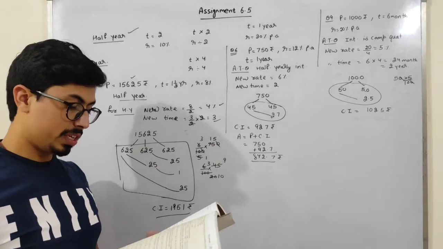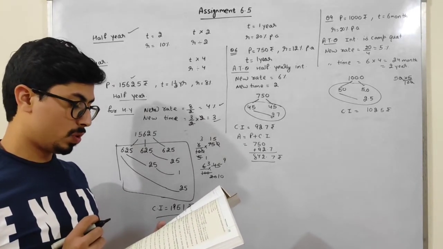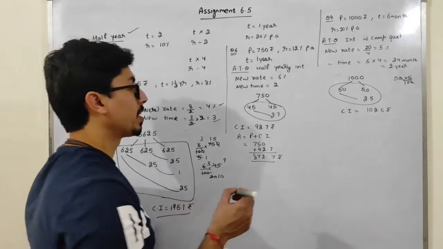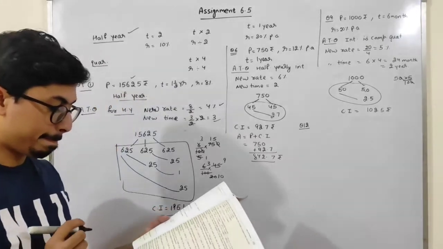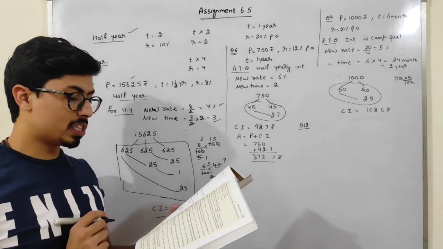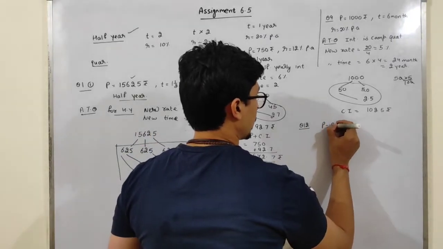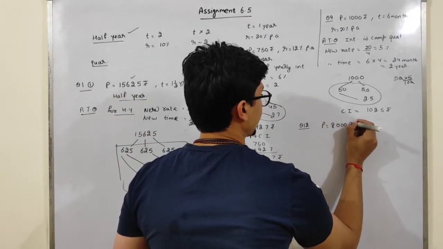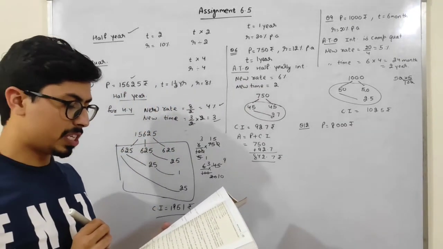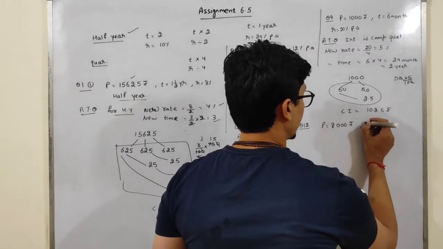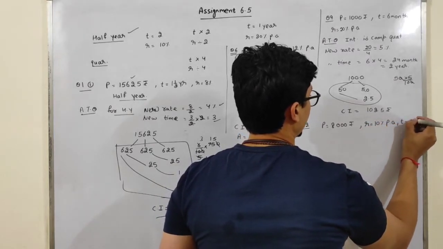Like, see, question number 12. Question number 12 is, what is the compound interest on principal 8,000 at 10% per annual rate, time is 2 years.